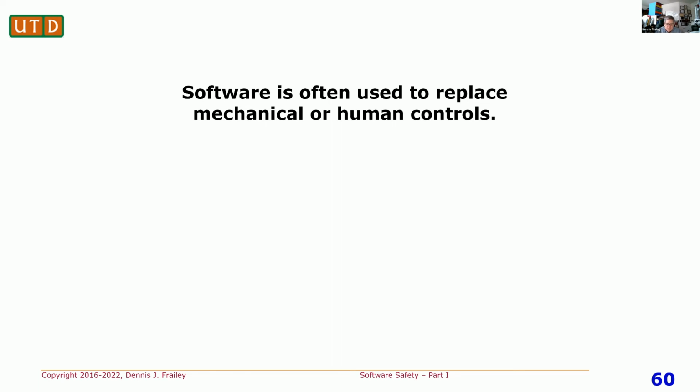When I first went to work for Texas Instruments in the 1970s, something like 1 out of 20 technical people that they hired were software developers. And by the time I retired in 2010, it was like half the people they were hiring were software people.